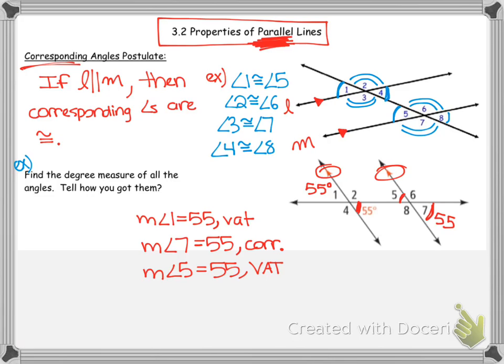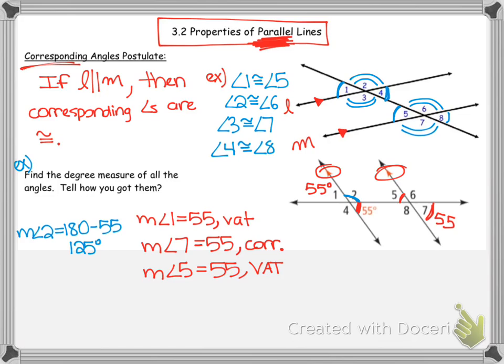Let's look at something else. How could we find out what the measure of angle 2 here is? Well, 2 and 55 are supplementary. They add to 180 together. So the measure of angle 2 must be 180 minus 55. 180 minus 55, if you do that in your calculator, is 125.